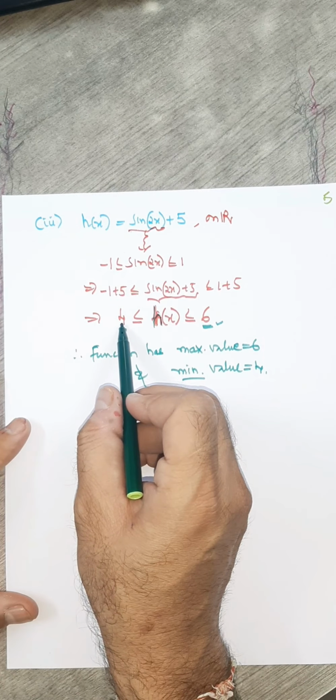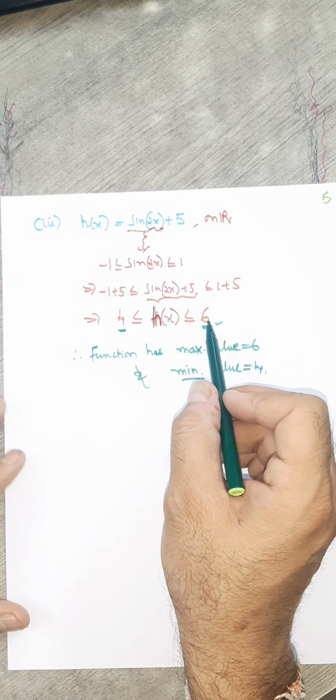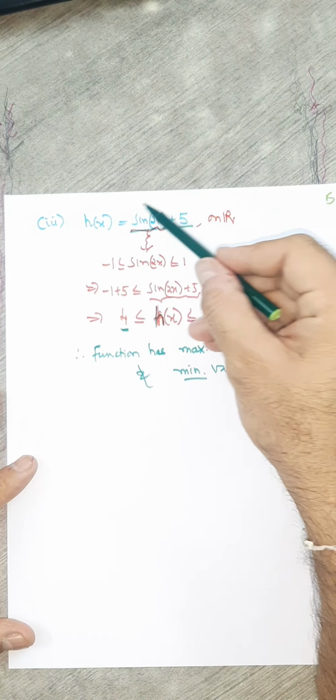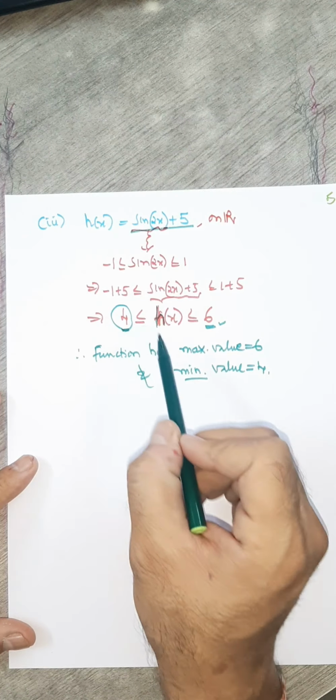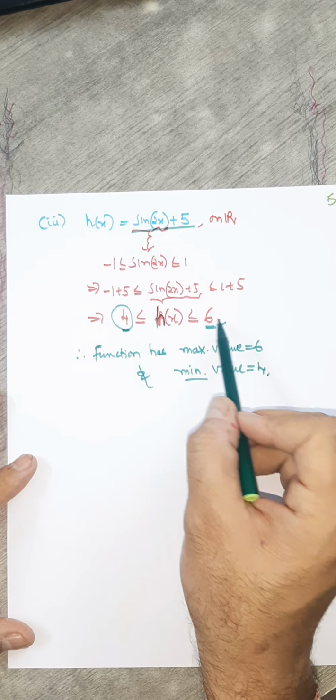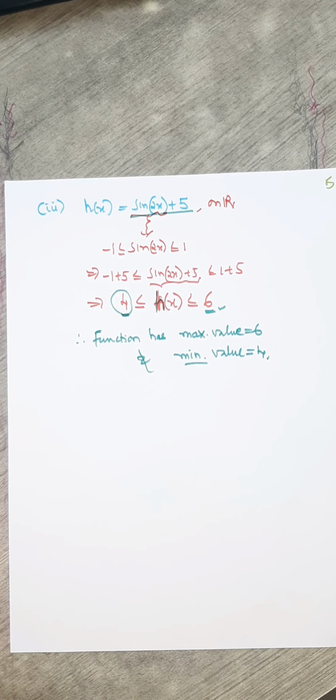The graph never goes below 4 or above 6. You can just Google the graph of this function and draw it, and you will realize the minimum value of the function is 4 and the maximum value is 6. By differentiation this question becomes difficult, so we can answer it this way.